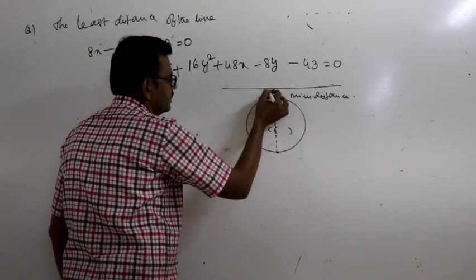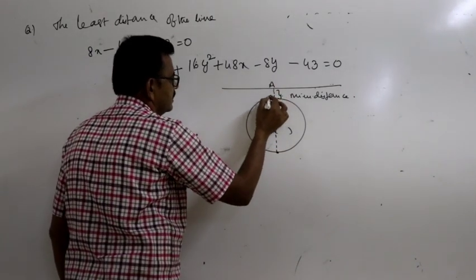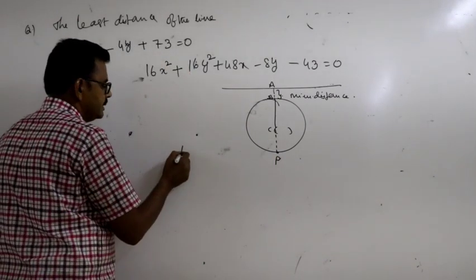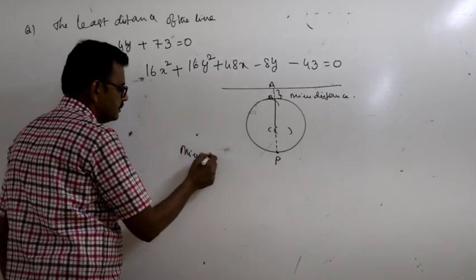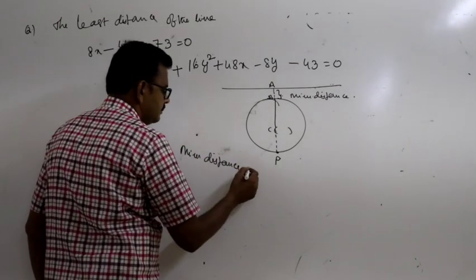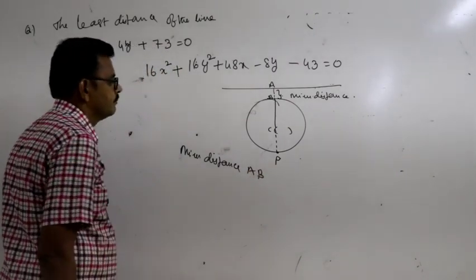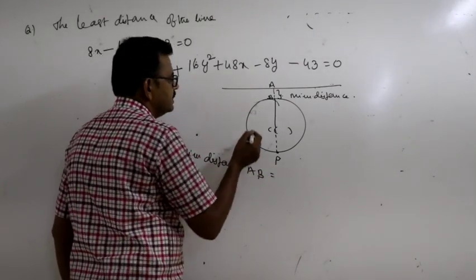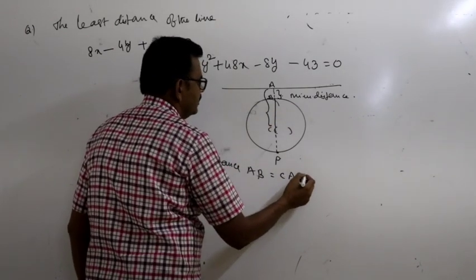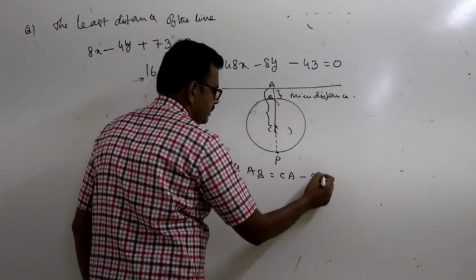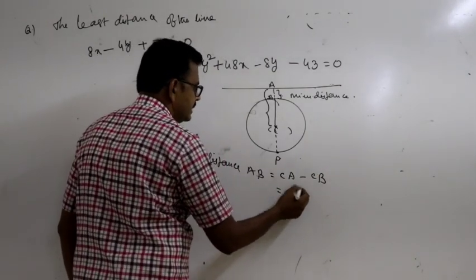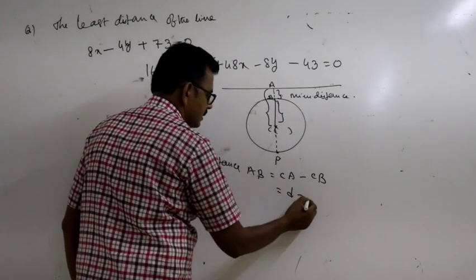Here, suppose the point is A, this is B, and this is the point P. Minimum distance is AB. AB is equal to CA minus CB, that is CA minus the radius R.